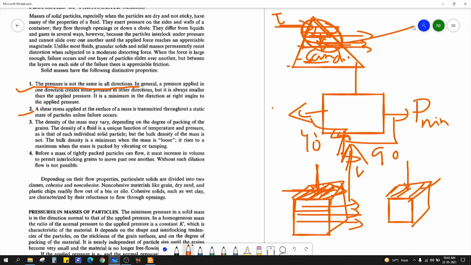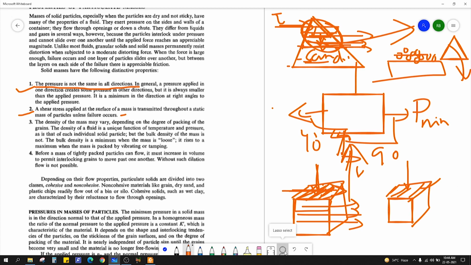It will break off directly. It will look something like this. It will just break off, because when you apply shear stress, the particles interlock with each other. So if the failure occurs here, then it will just break off. That's what it is saying in this point.